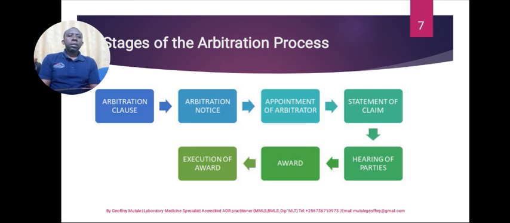So let's look at the different stages of arbitration. In the arbitration process, we have to have the arbitration clause in the agreements we made. Like we saw earlier, arbitration in most cases will appear in business related disputes.